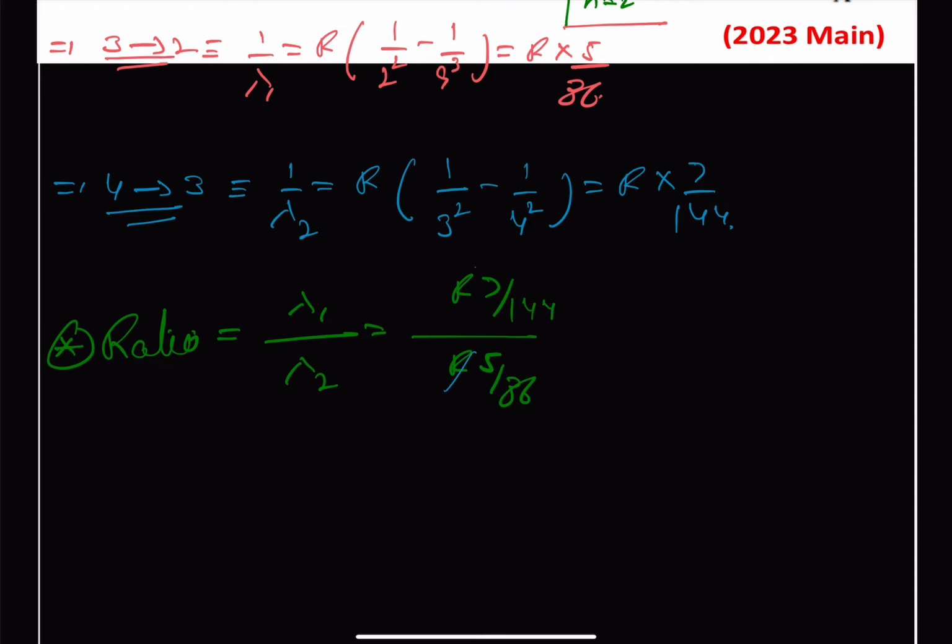Here R and R cancel out. This comes as 7 upon 144 into 5 and this comes as 36, and this will be equal to 7 upon 20.